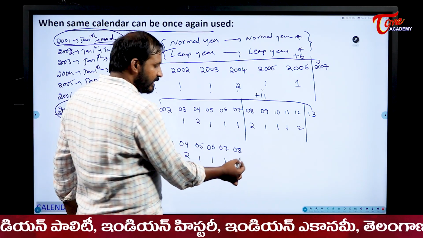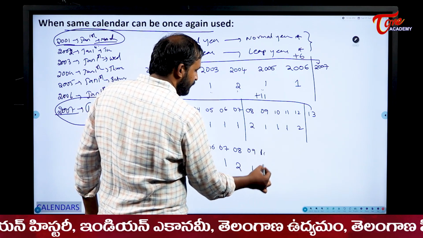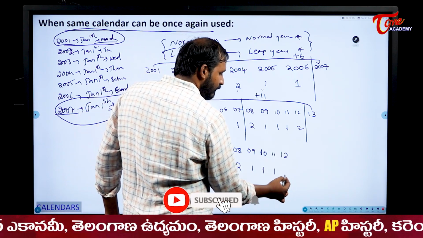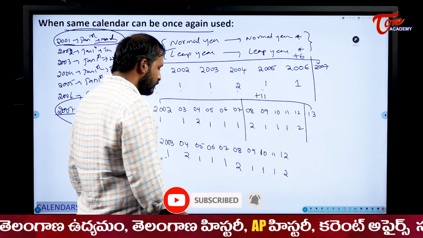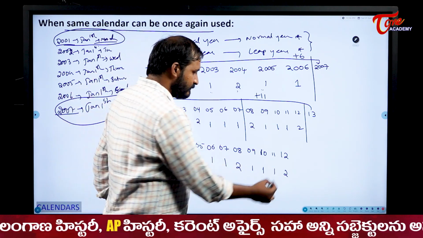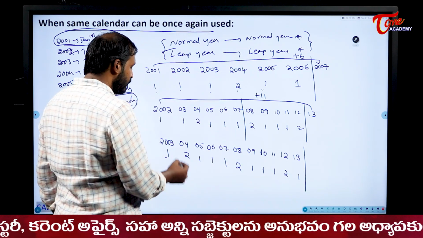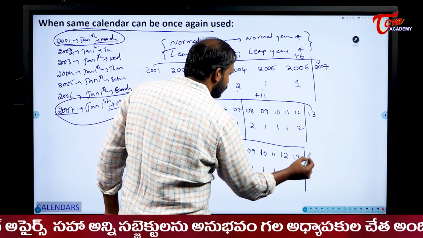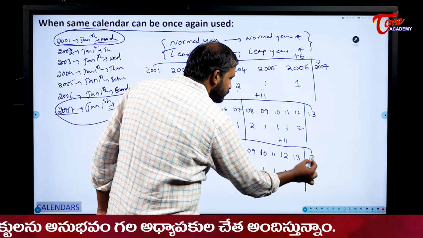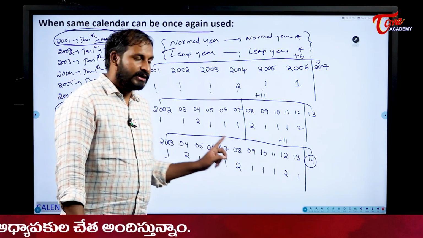Up to here it is 8. Then 2009 makes it 9, 2010 makes it 10, 2011 makes it 11, and 2012 gives 2, making it 13. Here it becomes 14. So the next multiple is 14 only, right? That means the calendar of the year 2003 can be used after 11 years, that is in 2014. Normal year, normal year. It is matching.